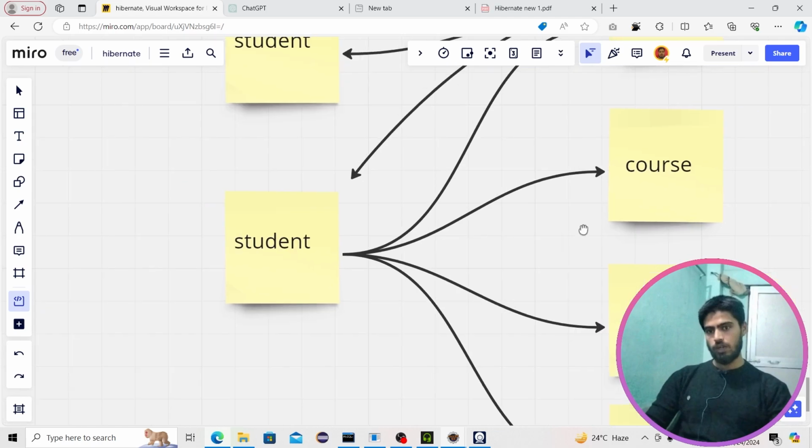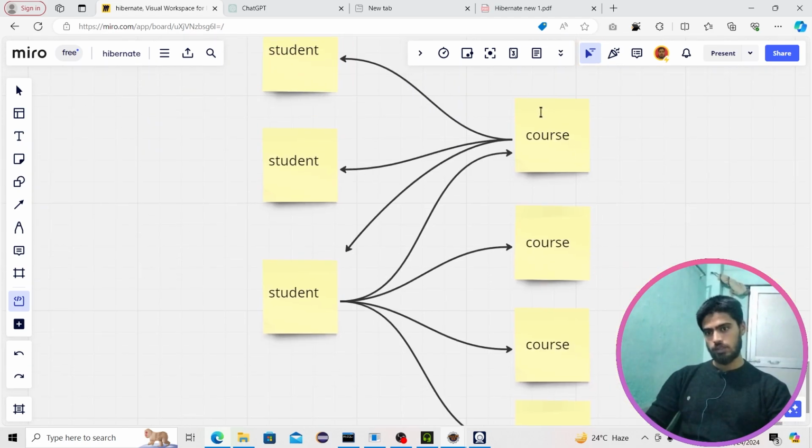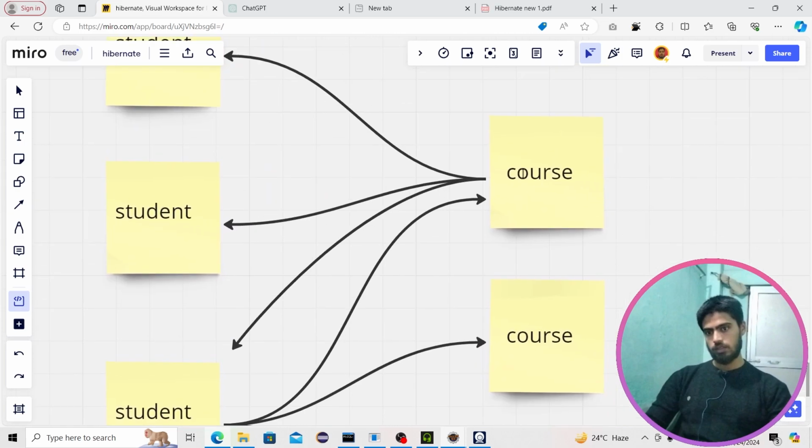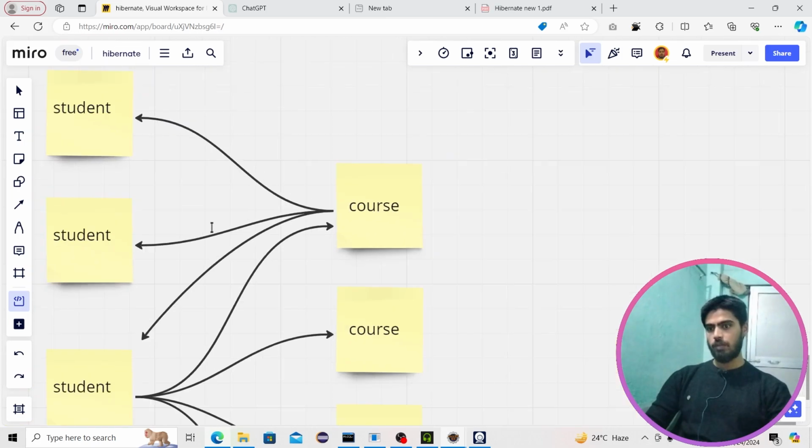Another example that you have to remember is many-to-many association mapping. One student has multiple courses: English, Hindi, computer, maths. But the English course is going to have multiple students.